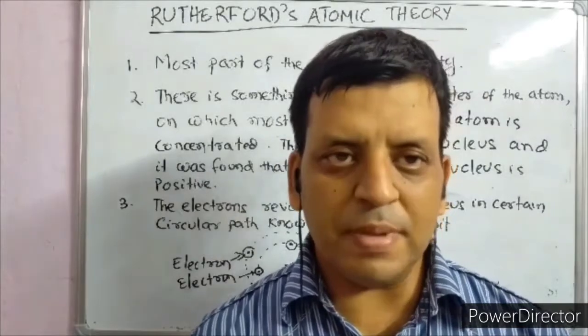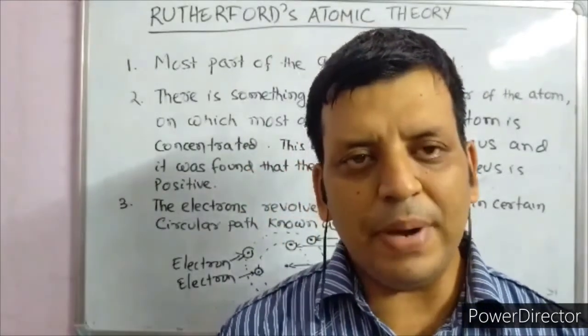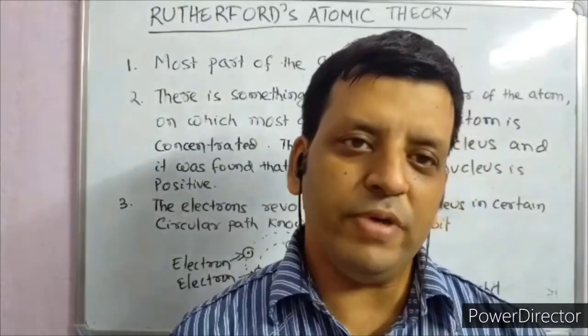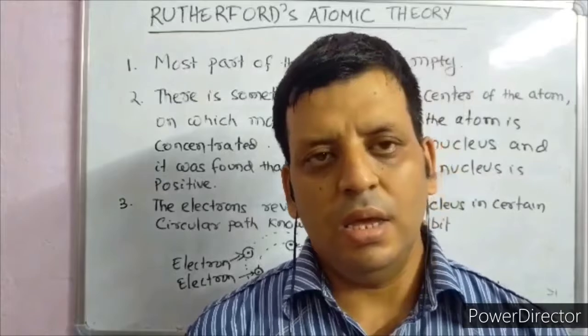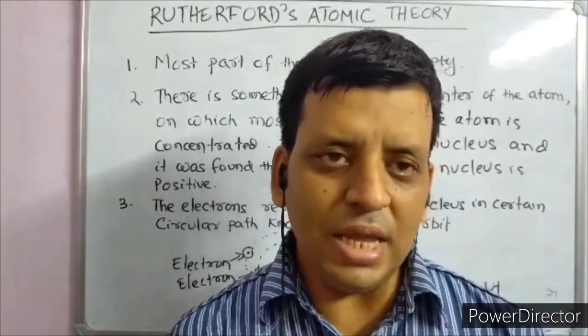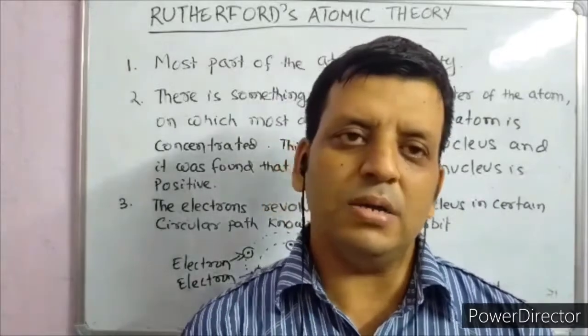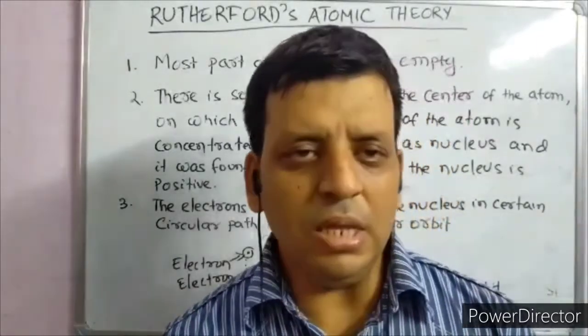The gold foil experiment, we saw that most of the alpha particles were able to move in a straight line after crossing the gold foil, and they were undeviated. So that indicates that most part of the atom is empty.